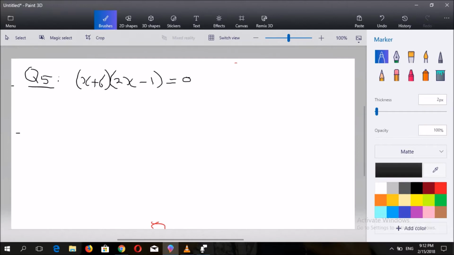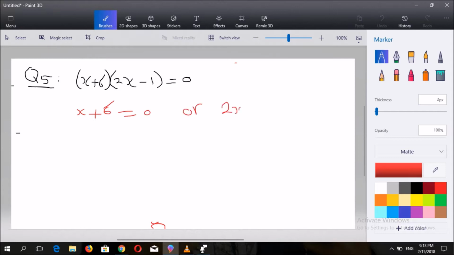Okay, let's move to question number 4. All right. Now, in this case, the question asks us to solve one equation of x.